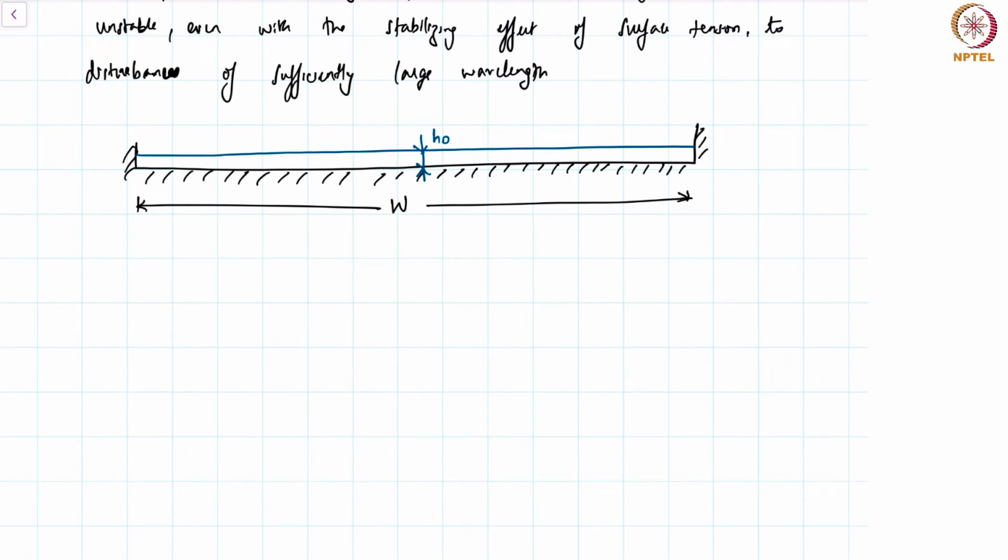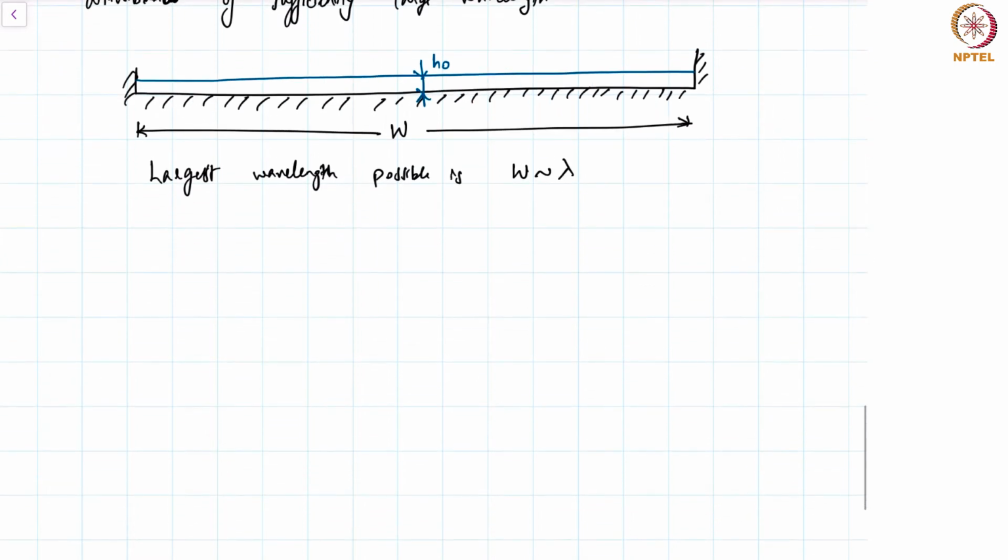So now I can ask, what is the largest wavelength that is possible? The largest wavelength possible is W goes like lambda.